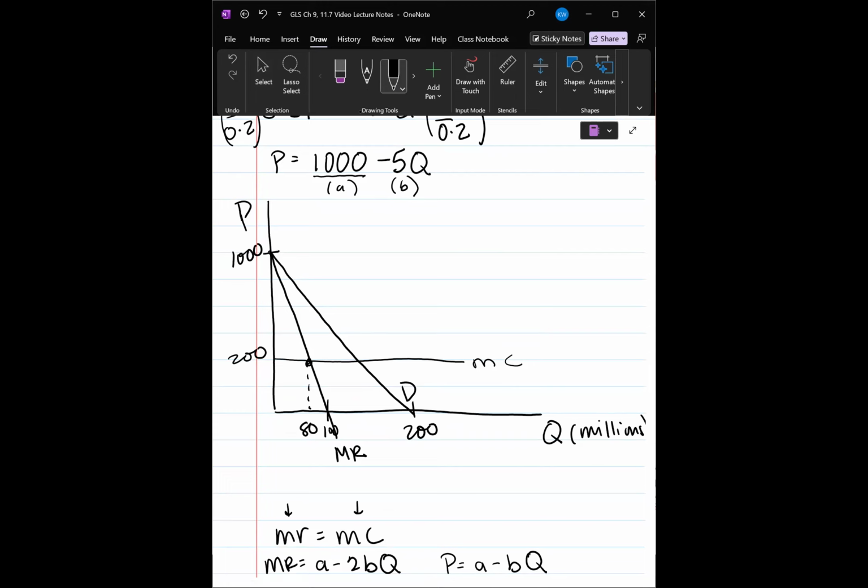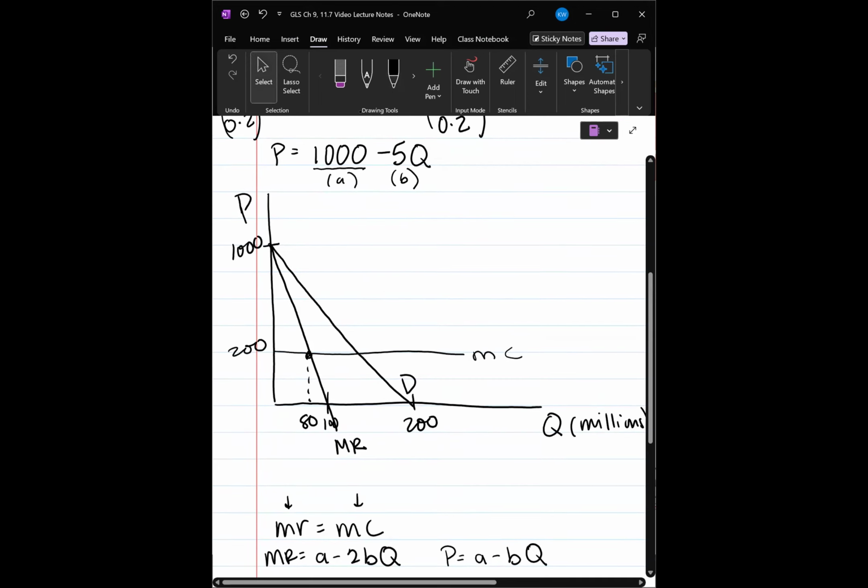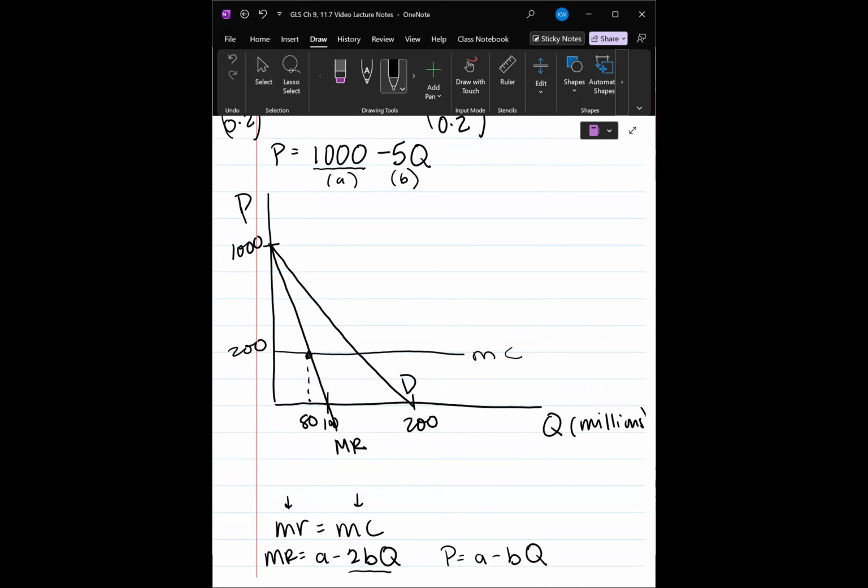A little shortcut to know this, whenever you have a linear demand curve, because marginal revenue will have twice the slope, right? That 2 times B relationship to demand. That means that marginal revenue is going to bisect the segment of our quantity axis between the origin and where demand intercepts it, right? So it's always going to be half demand.